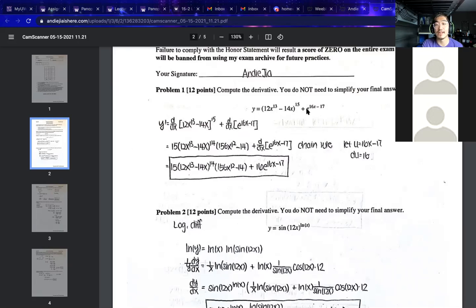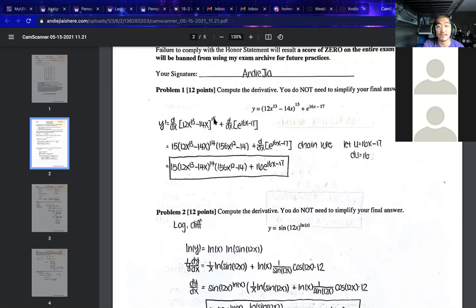And for plus this, here's the e, and also use the chain rule. Here is e to the u, and here's the final answer: 15 times 12x to the 13 minus 14x to the 14, times 156x to the 12 minus 14, plus 16x e to the power 16.